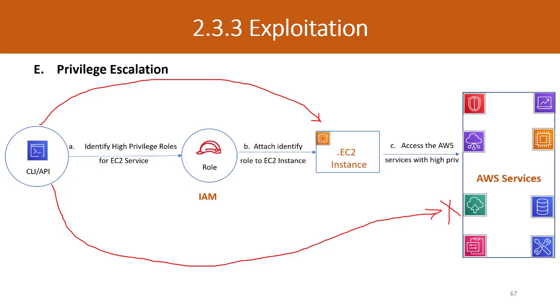So the first thing to identify is whether any roles are available. When we're talking about roles, keep two things in mind. One is the role: you can create a role for AWS services like Lambda, EC2, S3, or whatever service, and attach those roles to the particular services. The second thing is that for EC2, there is what is called an instance profile.